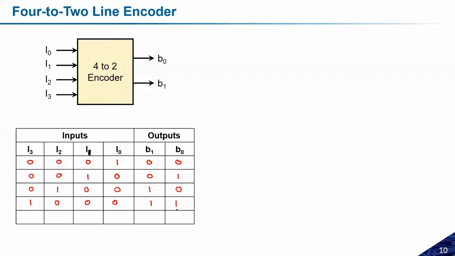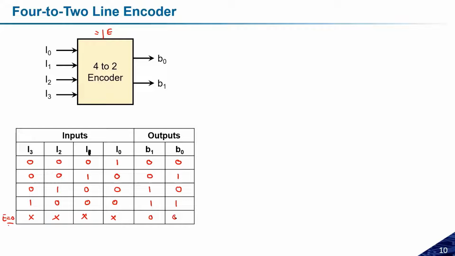One more table I have given over here, if there is some enable signal. Let us consider active high only. If there is an enable signal and it is not activated, like if E is equal to 0, so if I have active high and E is equal to 0, whatever the conditions we have at the input, the output will be 0, 0 only.